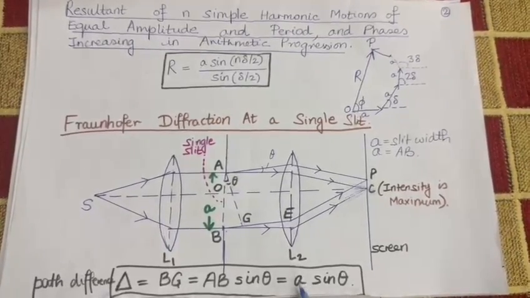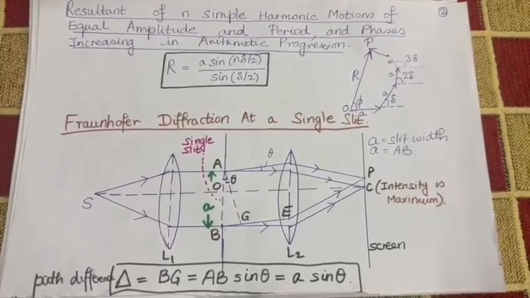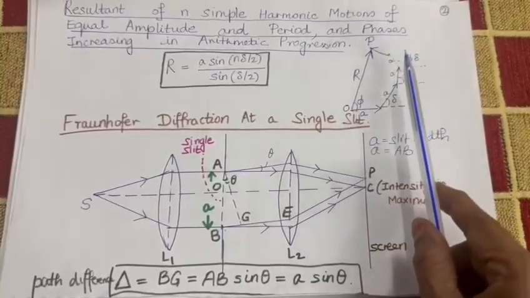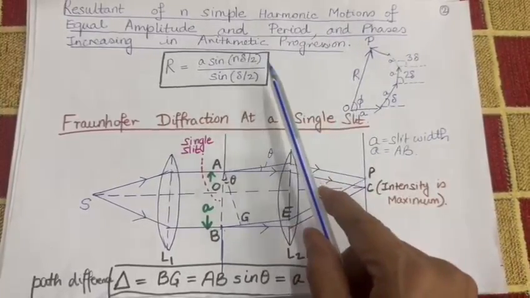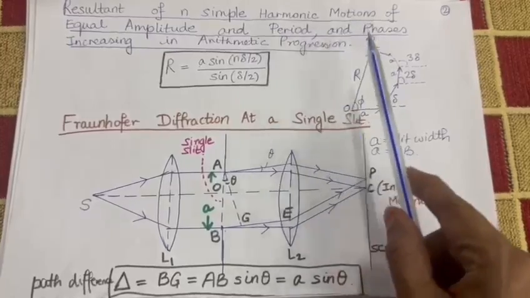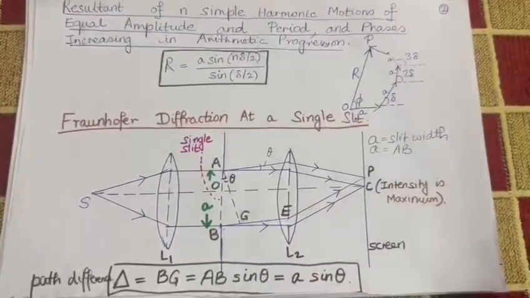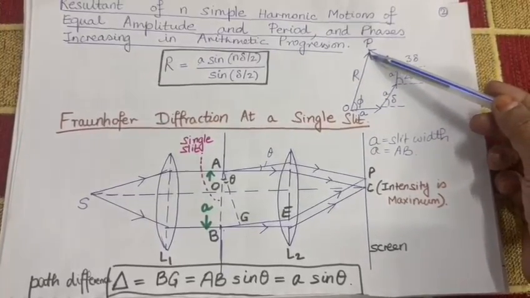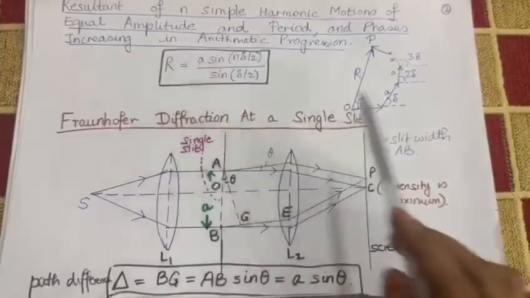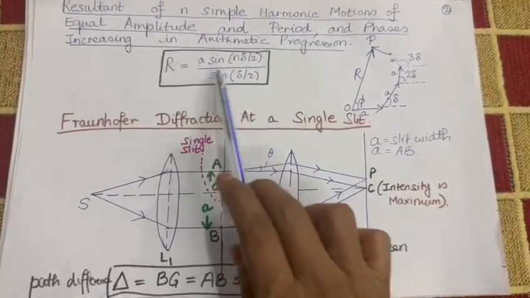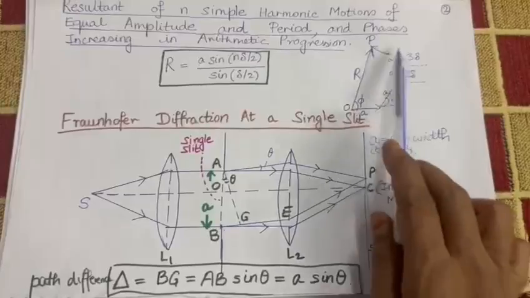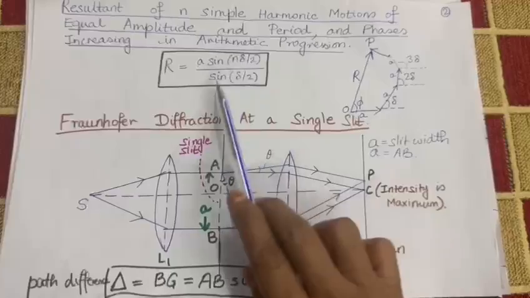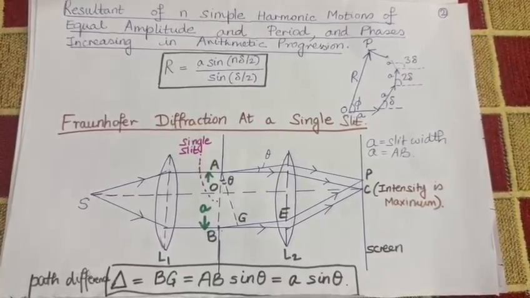For understanding this diagram, what we need to know is that the resultant of n harmonic motions of equal amplitude and period, with phases increasing in arithmetic progression, is given by A sin(n del/2) divided by sin(del/2), where A is the amplitude, n is the number of harmonics, and del is the angular phase difference.